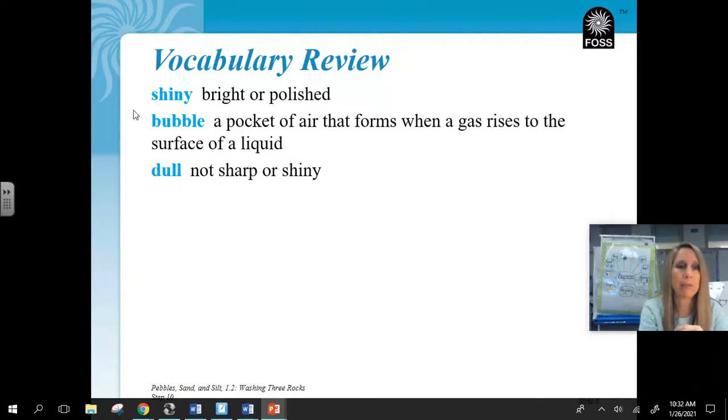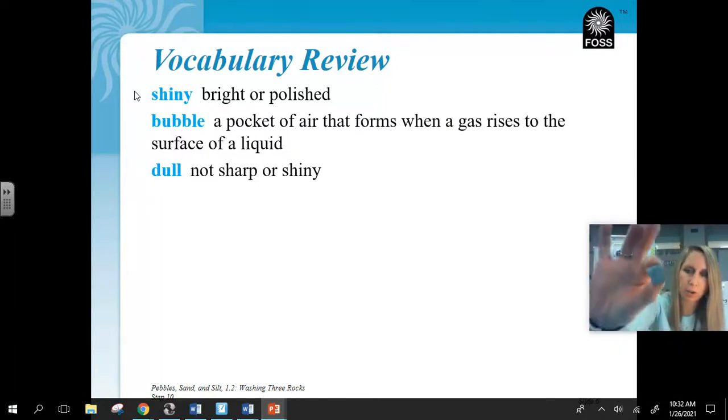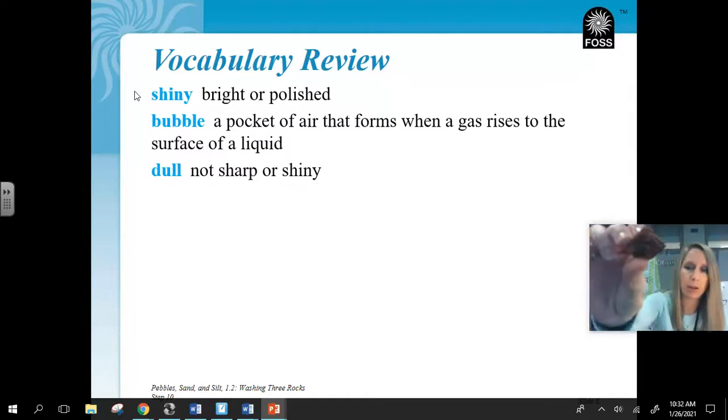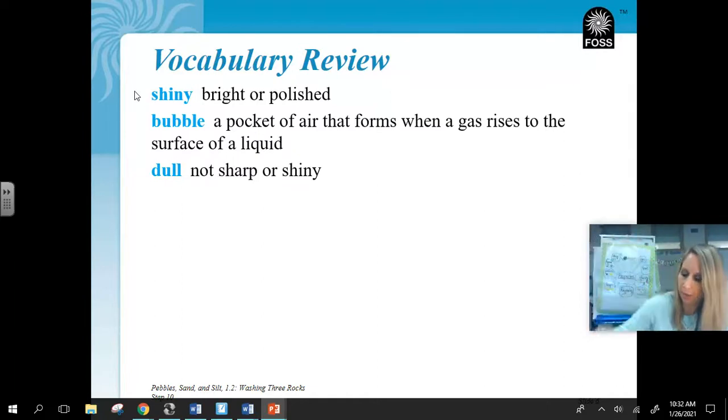So that would basically be an antonym for shiny. Dull. So some rocks have more of a dull finish. Like I would say parts of this gray one are very dull. There's times you can find sparkly pieces in there, but I would also say this is dull. It's not very shiny right now.